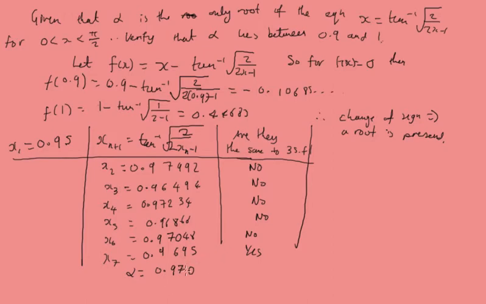And you can prove that it's the same by letting 0.9695 is less than alpha is less than 0.9705, and then slotting those into our formula, you get a change of sign that's very, very close to 0.